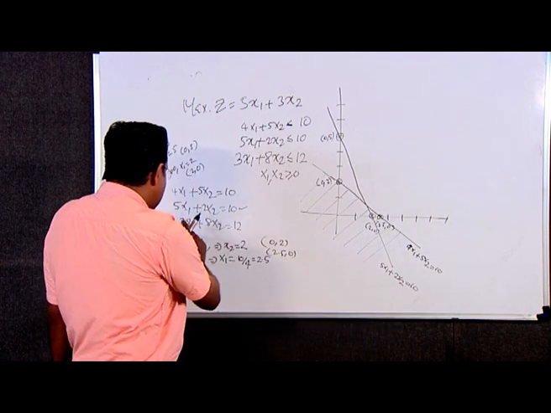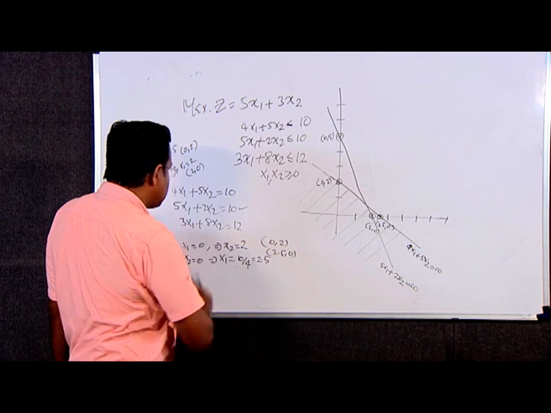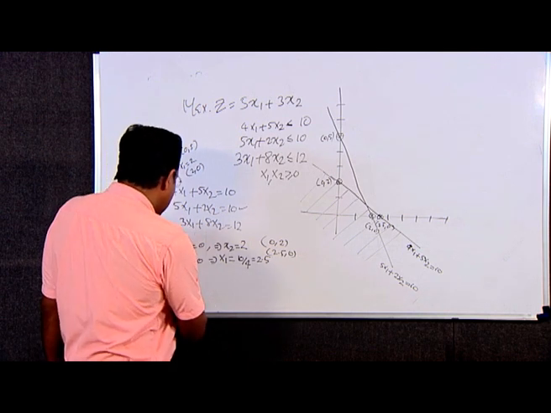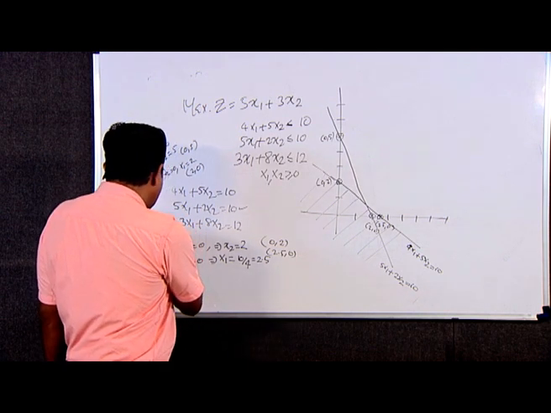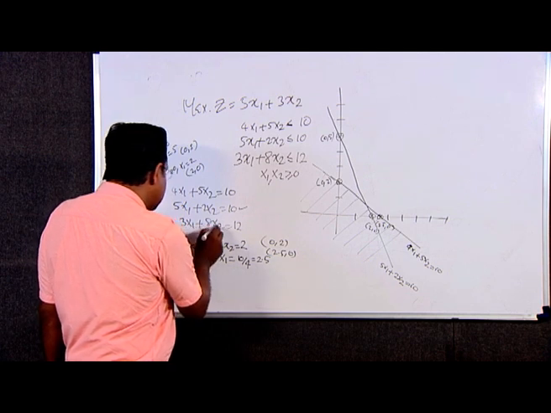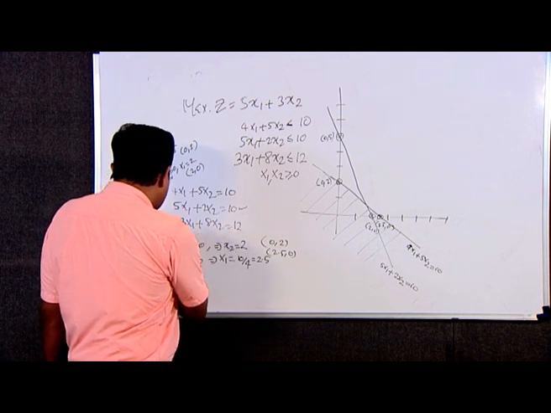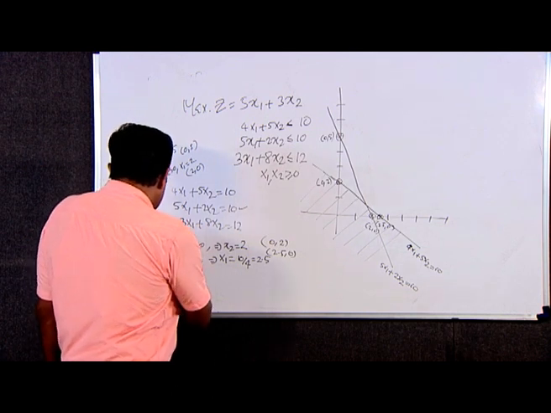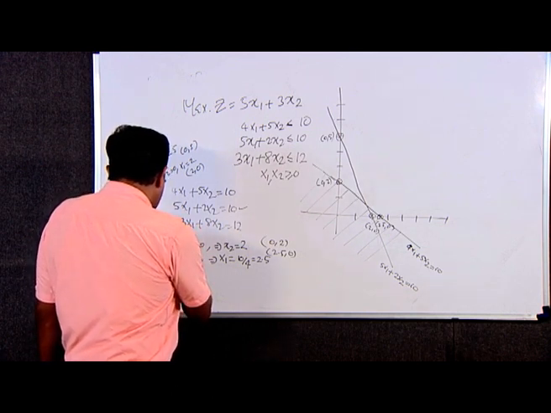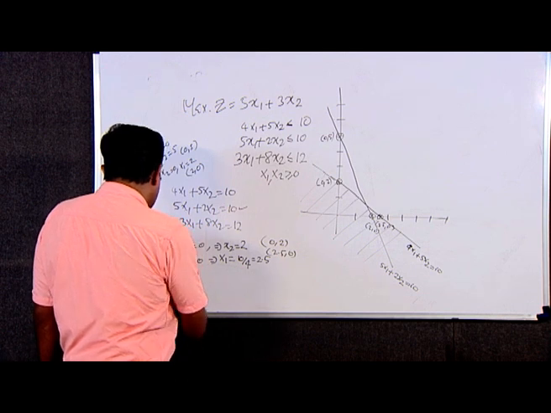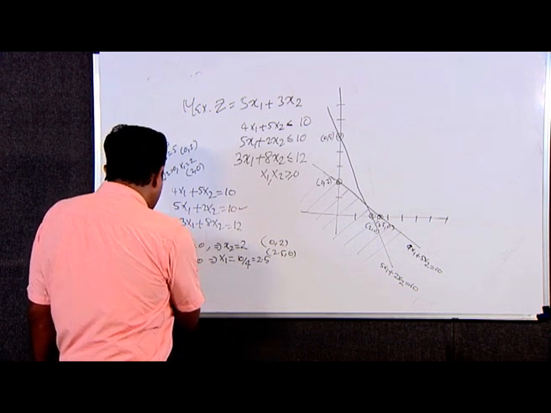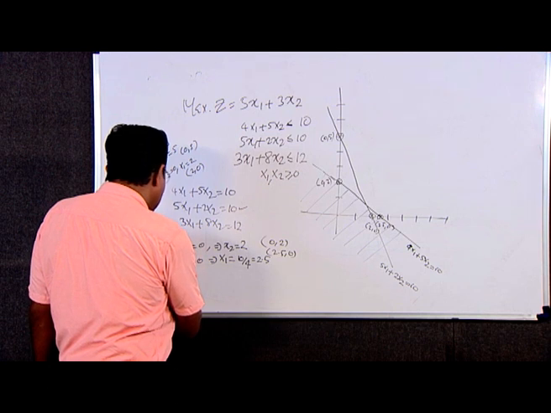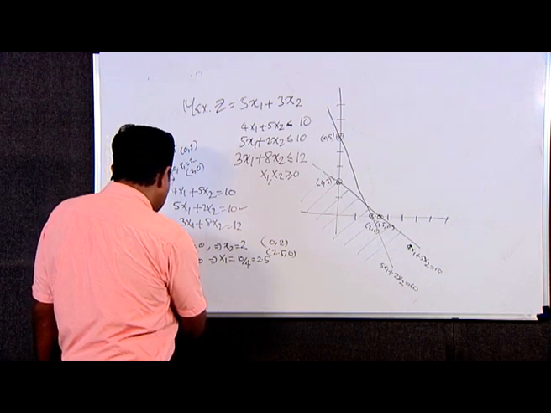Next, to draw 3x1 plus 8x2 equal to 12. For that, x1 equal to 0 implies 8x2 equal to 12, or x2 equal to 12 divided by 8, that is equal to 1.5. And when x2 equal to 0, x1 equal to 12 divided by 3, that is equal to 4.